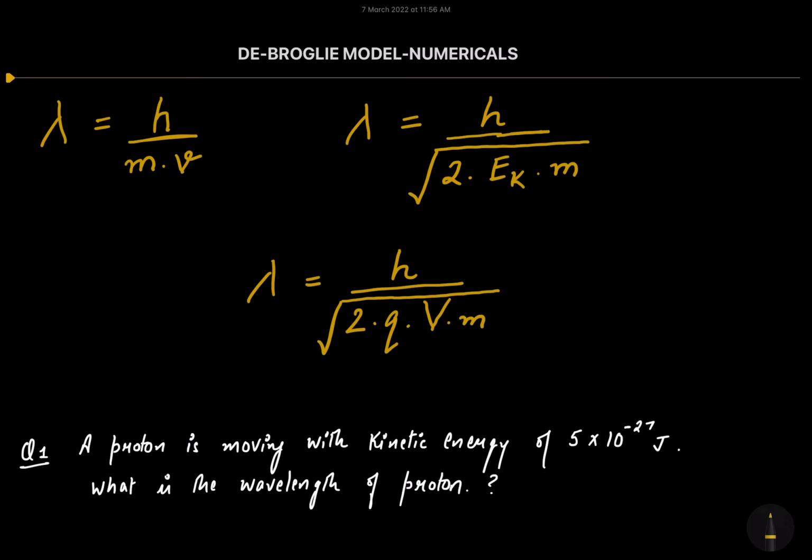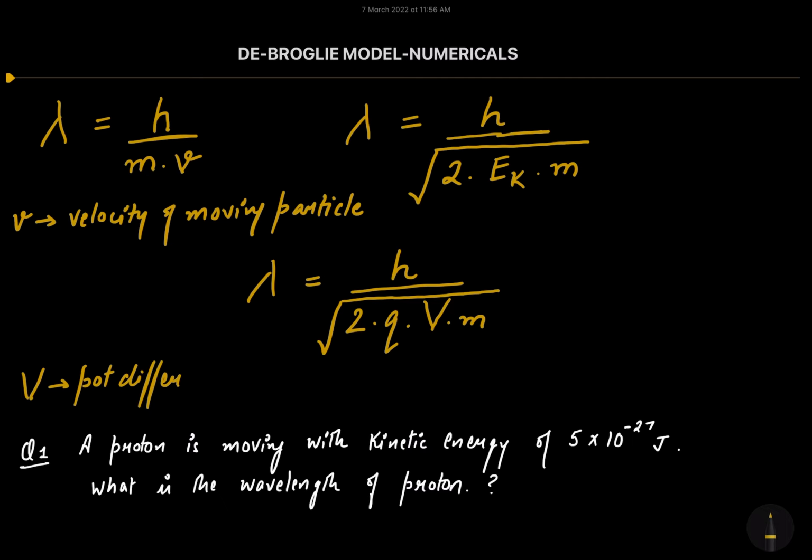So let me write it over here that small v is the velocity of moving particle and capital V is the potential difference applied to accelerate the charged particle.